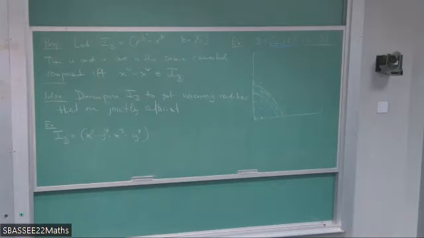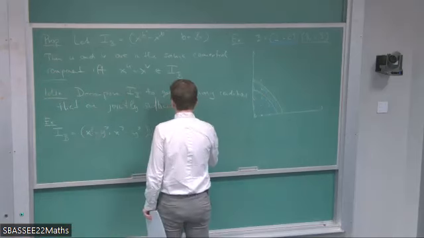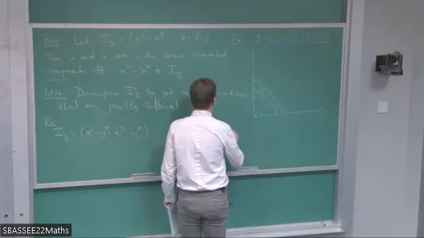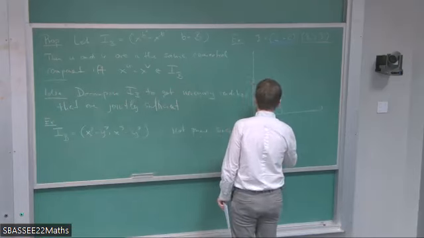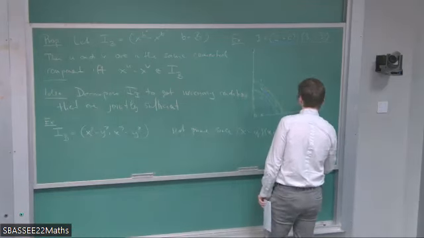Who knows the binomial theorem for degree 2? Yes? Okay, so this factors, it is not prime. So here's the proof: x minus y times x plus y is equal to x squared minus y squared.